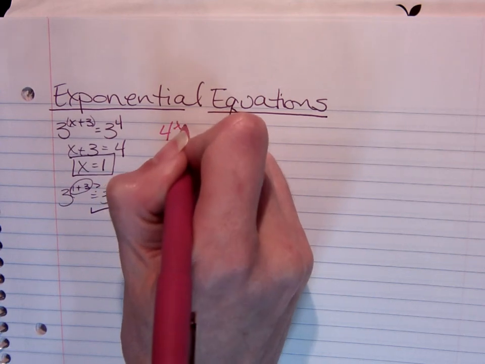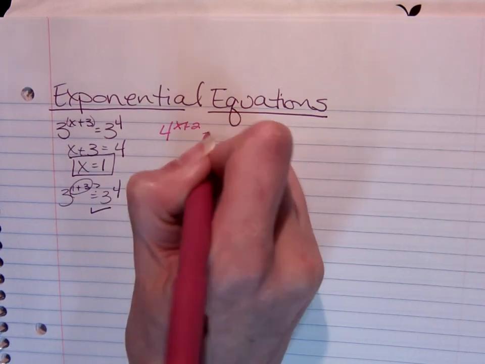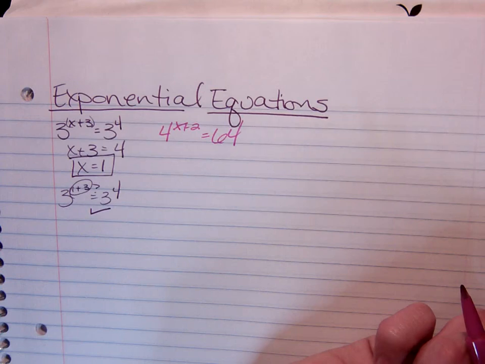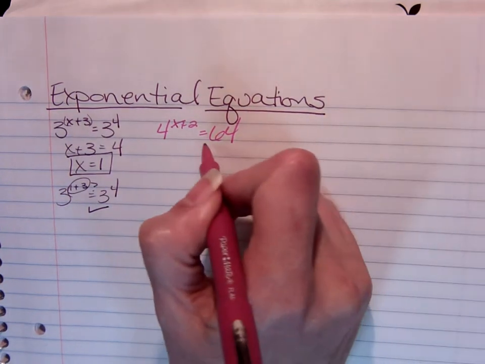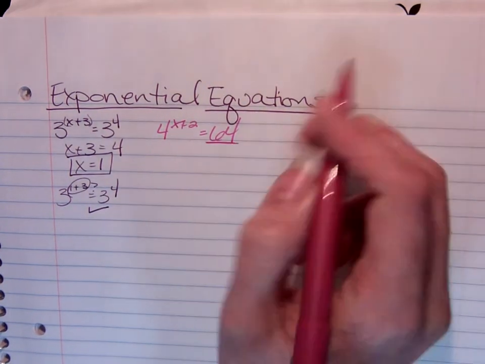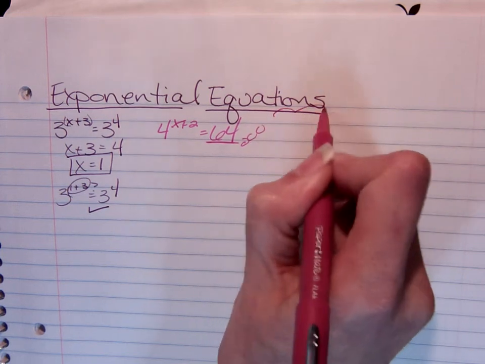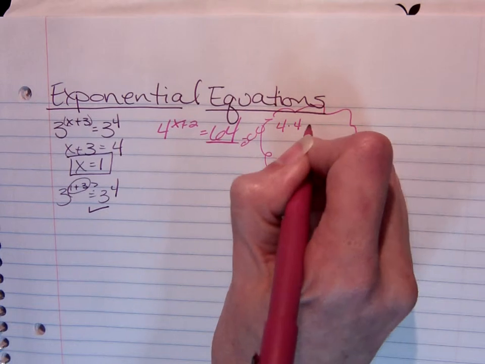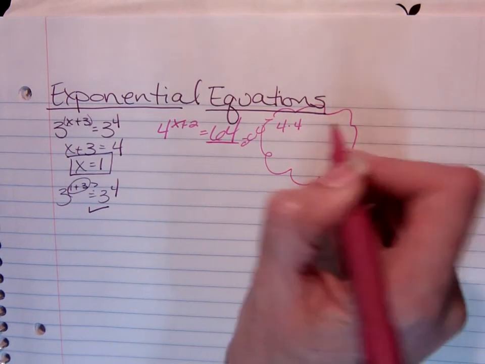One example, 4 to the x plus 2 is equal to 64. Well, off the first inspection, it doesn't look like they're related at all, but I'm looking at 64, and so my thought process at this point is, 4 times 4, how many times will get me 64?